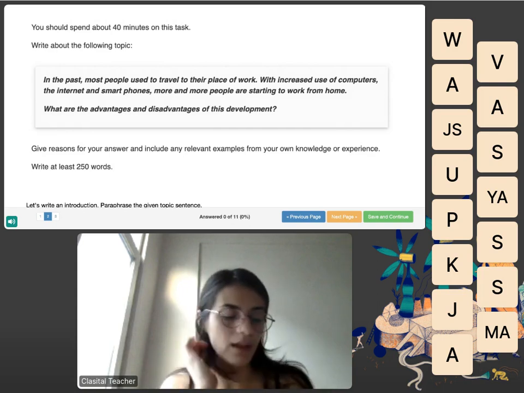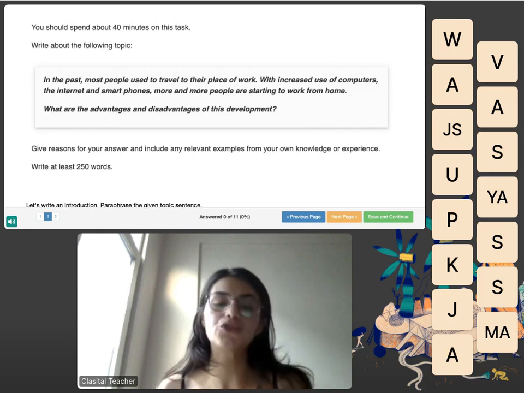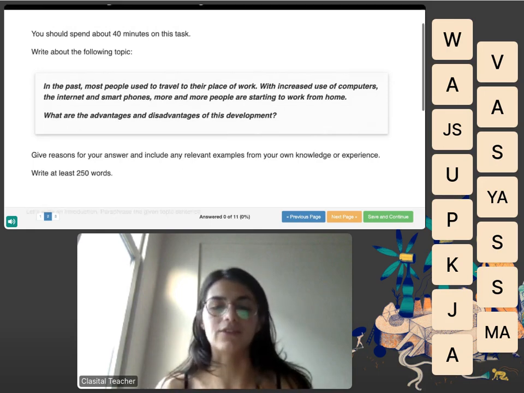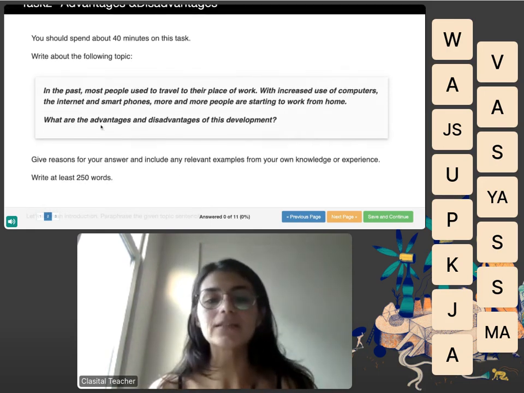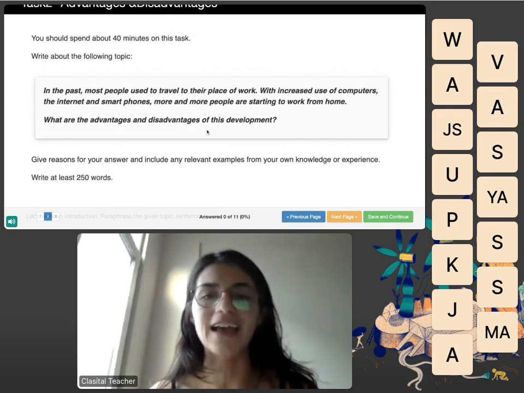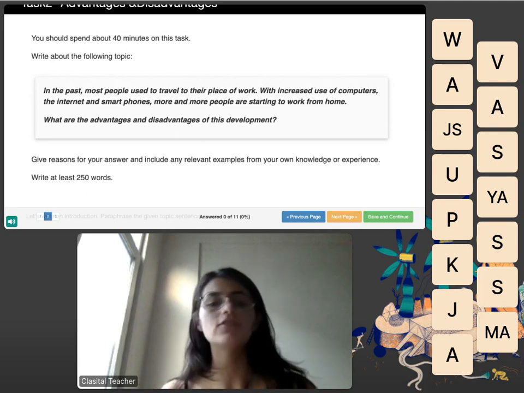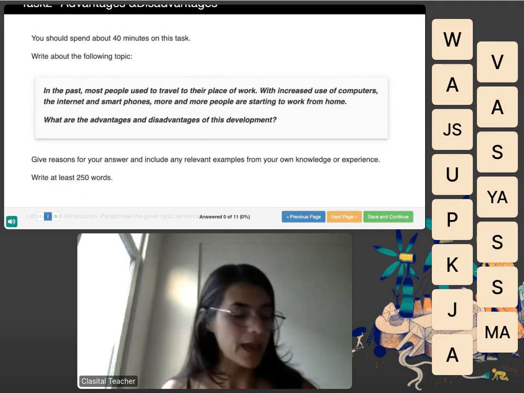And as Abby writes in the chat box, we need to write at least 2 advantages and 2 disadvantages. Why? Because the question asks advantages and disadvantages. So it asks in the plural form. So we need to write at least 2 advantages and 2 disadvantages.